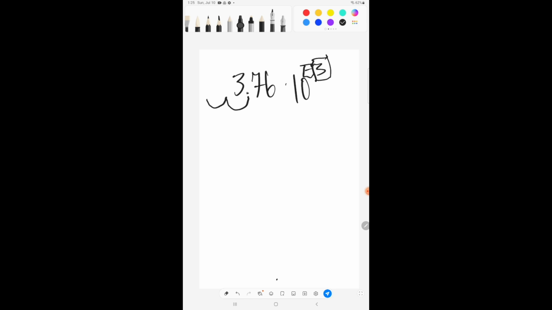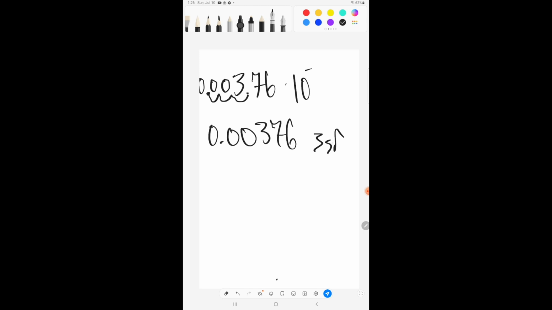So 1, 2, 3. Decimal here, 0 in all the troughs, and then you can put a 0 in front. So it's 0.00376. And we still have 3 sig figs, by the way, because these leading zeros are still insignificant. So that's it for this.